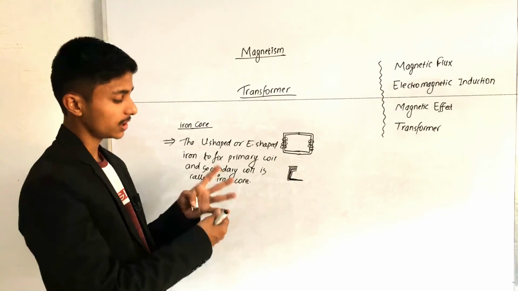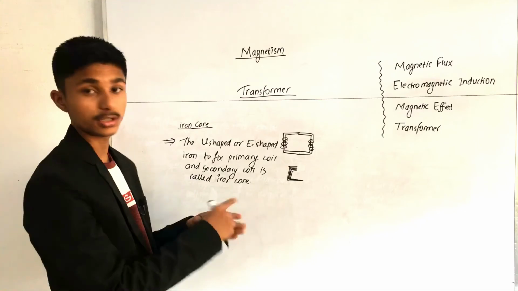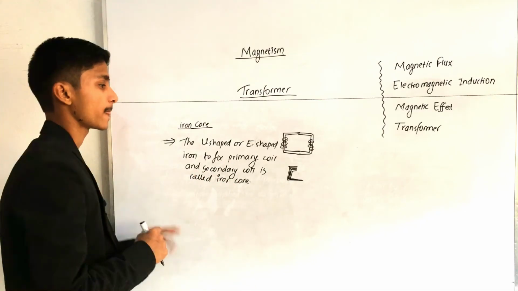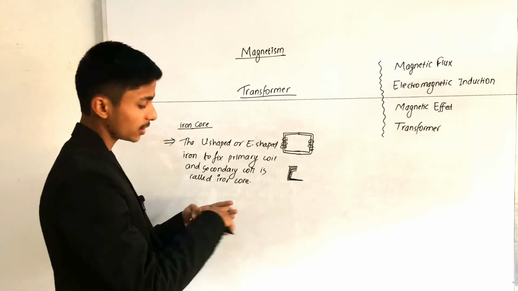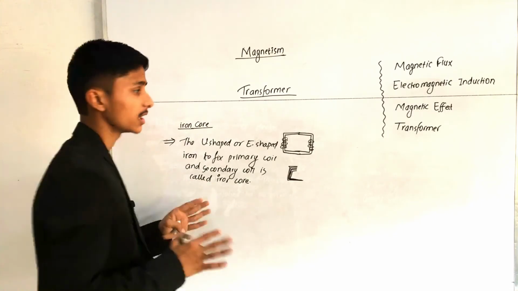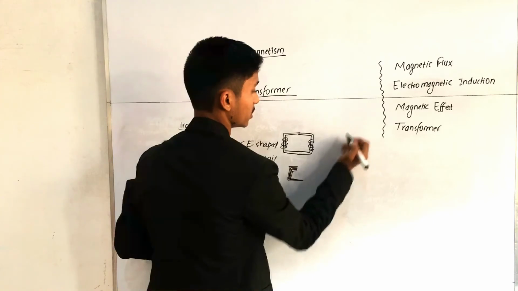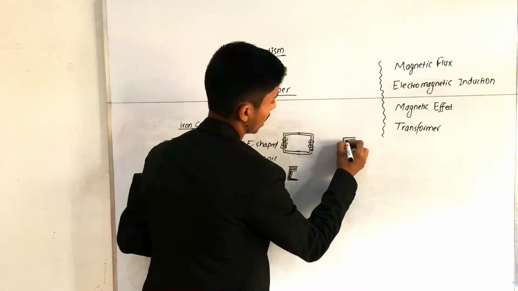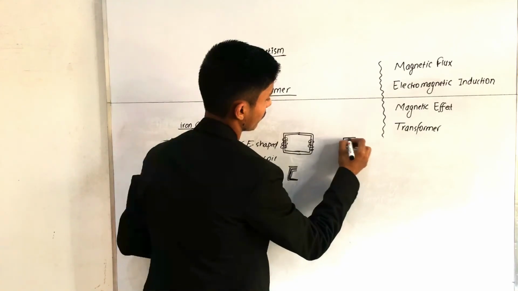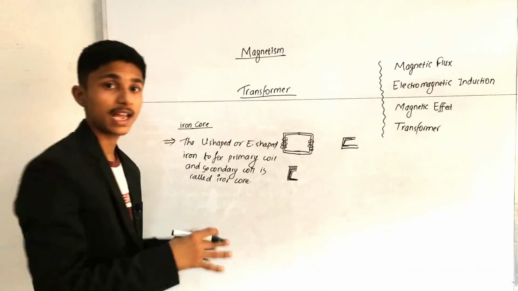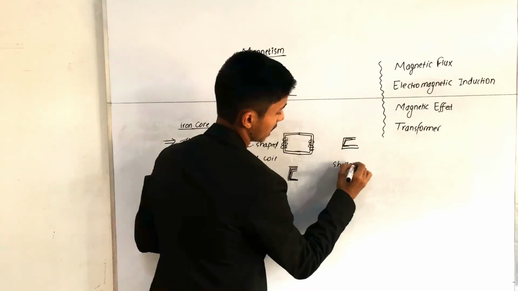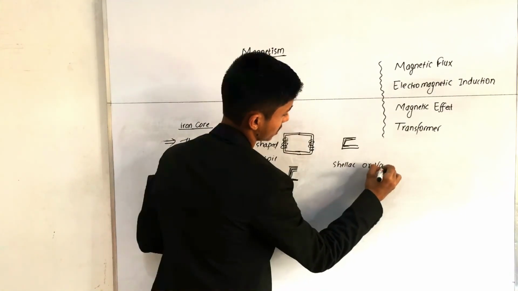Suppose this is E, then another is lapped here, several are overlapped one another. To prevent conduction, these E or U pieces are polished with shellac or varnish.